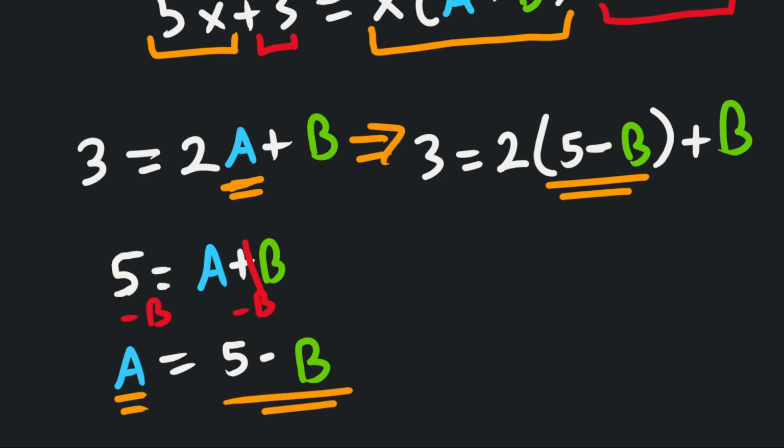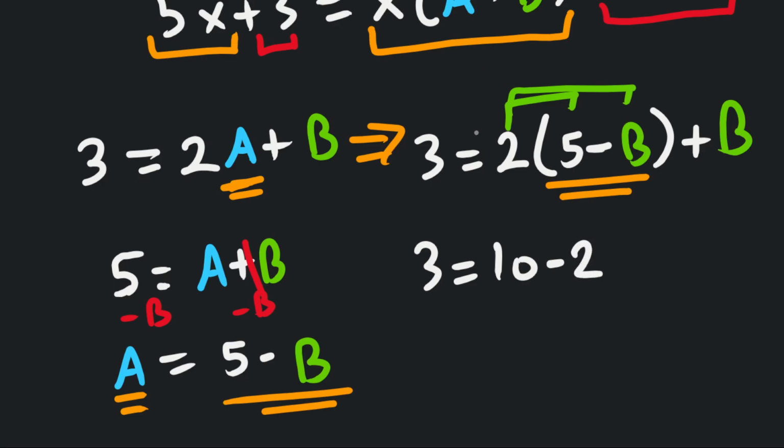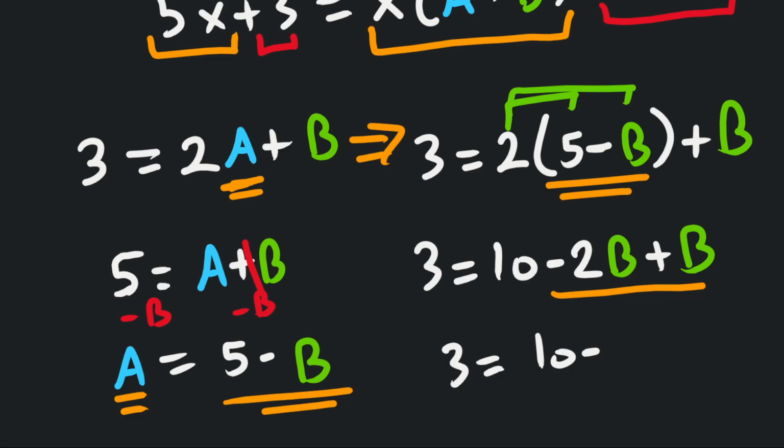So let's continue this. We can distribute the 2. So we have 3 equals 2 times 5 is 10, minus 2 times negative b is negative 2b, and then plus b. So what's negative 2b plus b? That is negative b. So we have 3 equals 10 minus b.